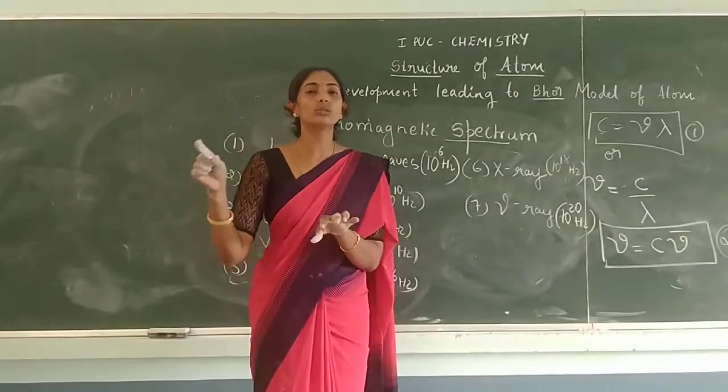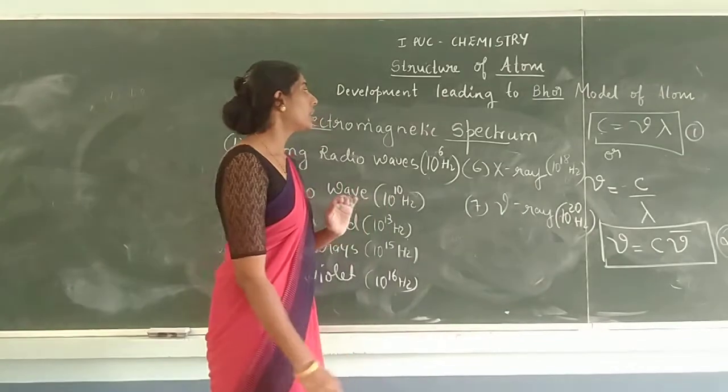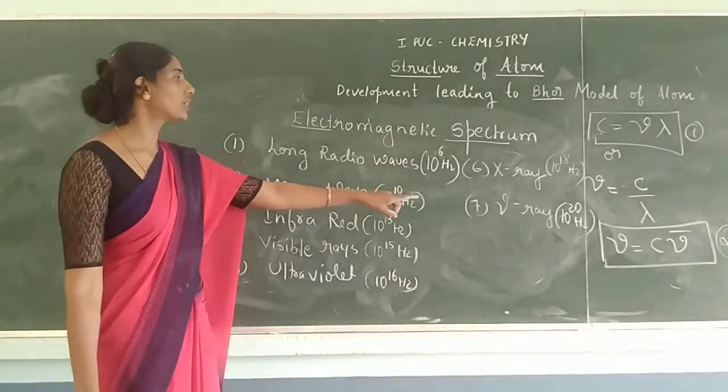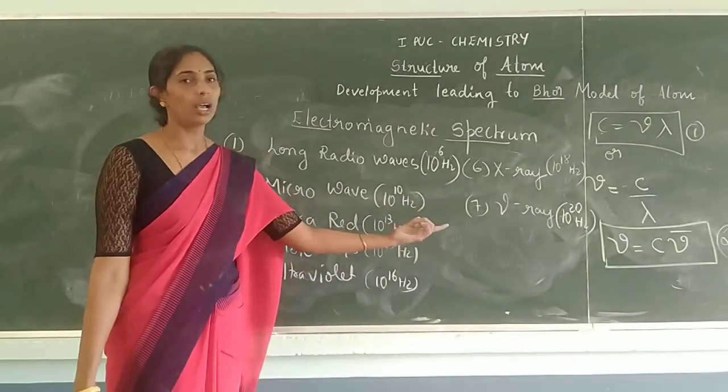Using all these concepts, finally he gave the Bohr model of atom. Okay, remember students that formula. So we will discuss some numerical questions related to that formula in our next class.